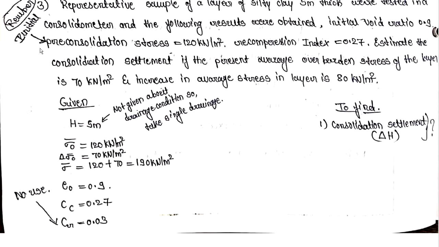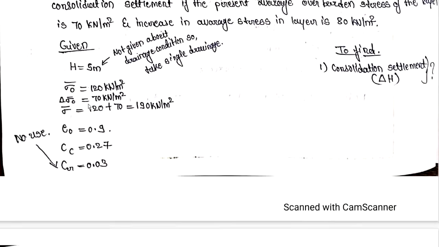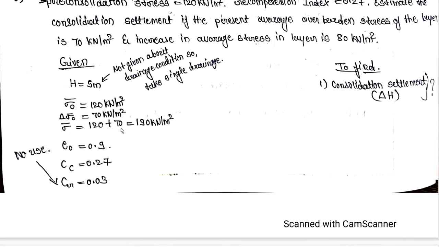After application of a certain amount of load, there is some overburden pressure which is going to get created, and that overburden pressure is 70 kilonewton per meter square. So the final stress is 120 plus 70, that is 190 kilonewton per meter square.